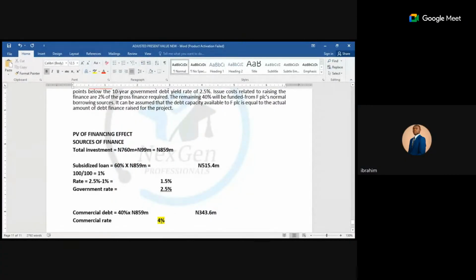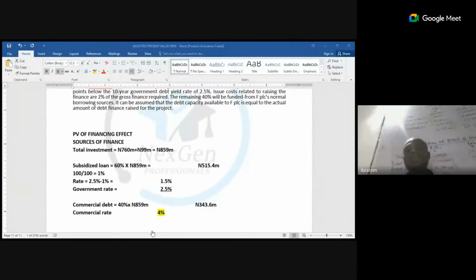So having analyzed these sources of finance, we'll move to our step-by-step to identify the issue costs. Class, the government rate here is your MPR. Today, we have an MPR of 27.5. That 27.5 is not a subsidized rate from the government.